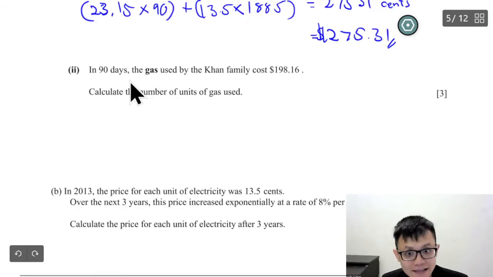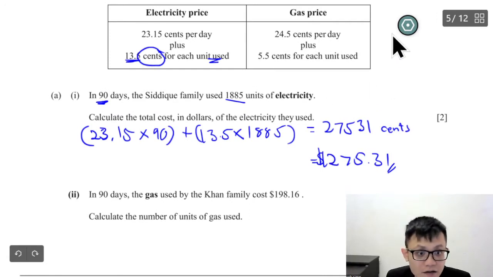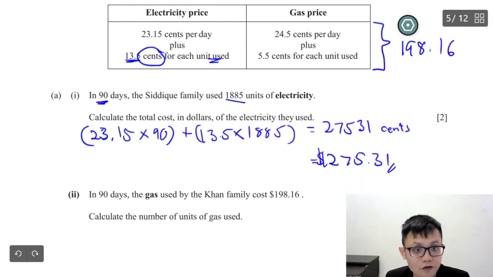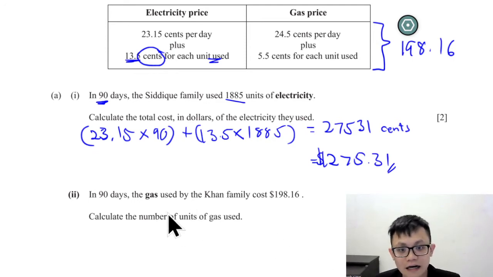In 90 days, the gas used by the Khan family cost 198.60 dollars. Calculate the number of units of gas used. So for this one, we need to understand the question.